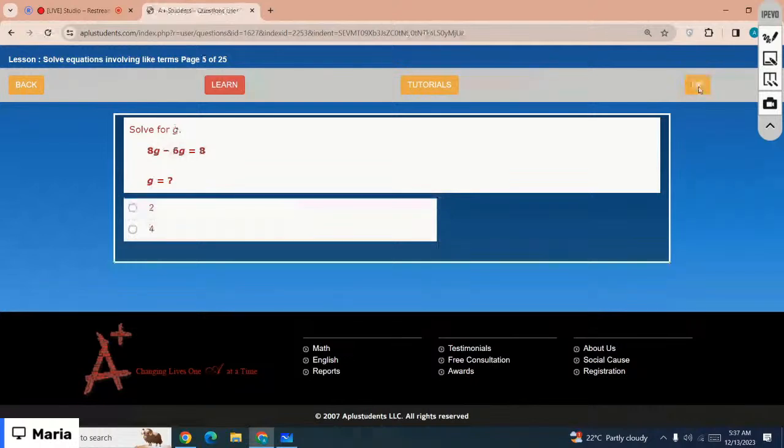Okay, 8g minus 6g equals 8. So which is the correct option? 8 minus 6 is 2. So 2g equals 8, then g equals 4. The correct option is 4.